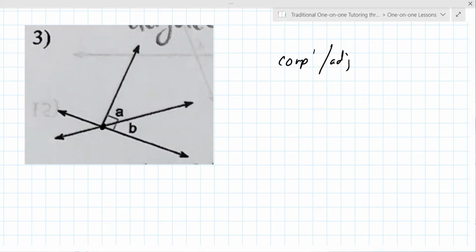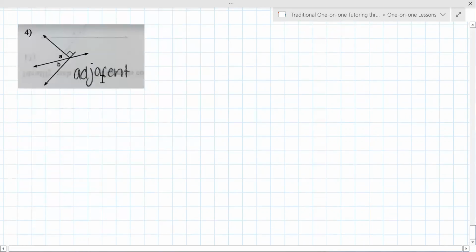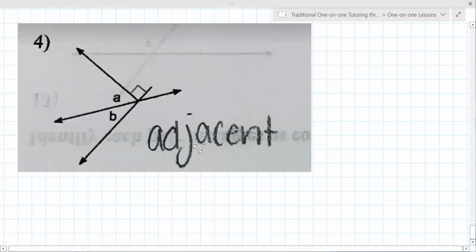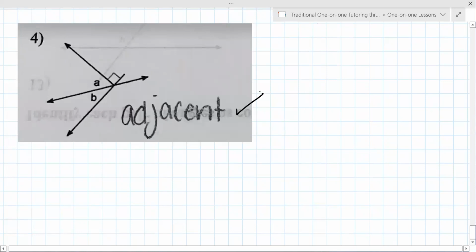All right, so let's look at number 4. They're definitely adjacent, because they're right next to each other and share the same vertex. The question is, do they add up to 90 degrees?